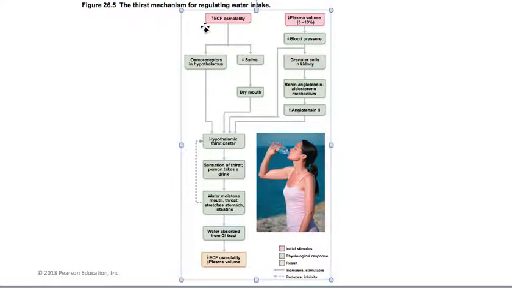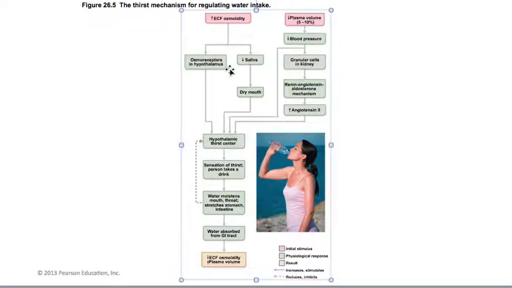The other thing that the body notices is an increase of extracellular fluid osmolality, meaning there's more solute in the extracellular fluid than there is water. There are cells in your brain in the hypothalamic areas, which is our homeostatic center, the hypothalamus. They're called osmoreceptors, and osmo refers to water.